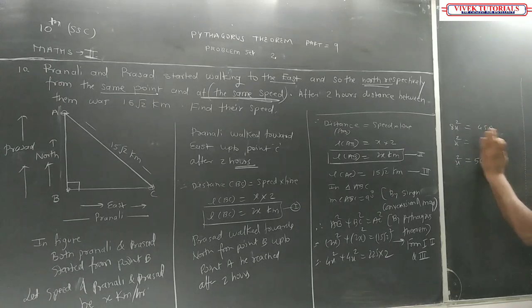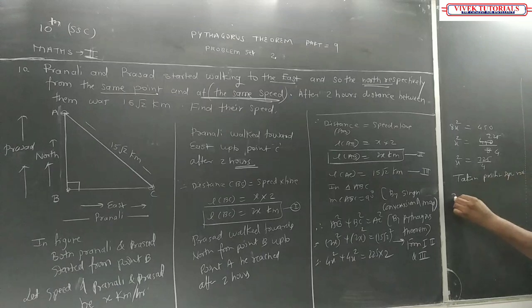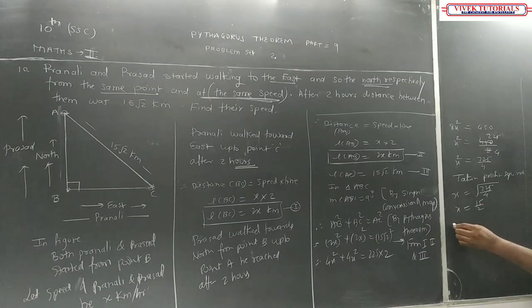Okay, or you can do one thing. Wait, I'll do it this way. 450 divided by 8. So 2 4s are 225. So x square is 225 by 4. Taking positive square root, x is equal to root of 225 by 4. x is equal to 15 by 2.